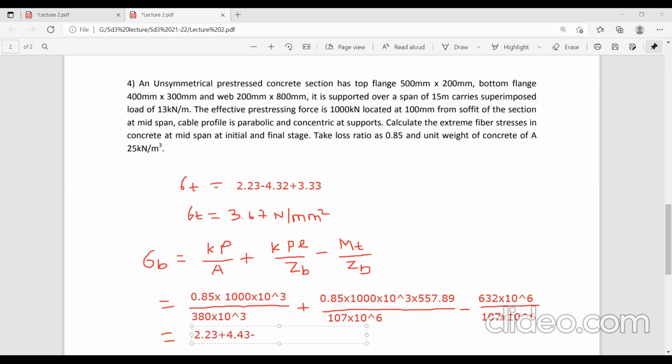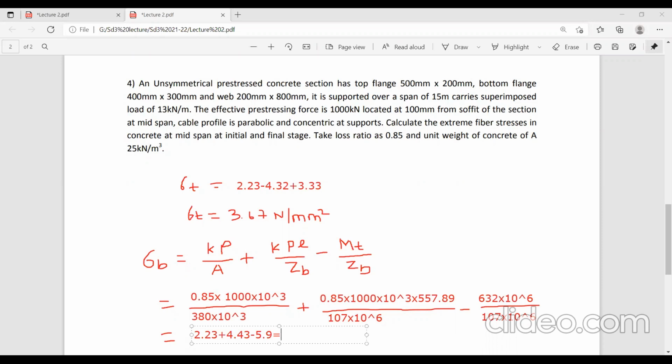Then minus 632 into 10 raised to 6 divided by 107 into 10 raised to 6 will be 5.9.